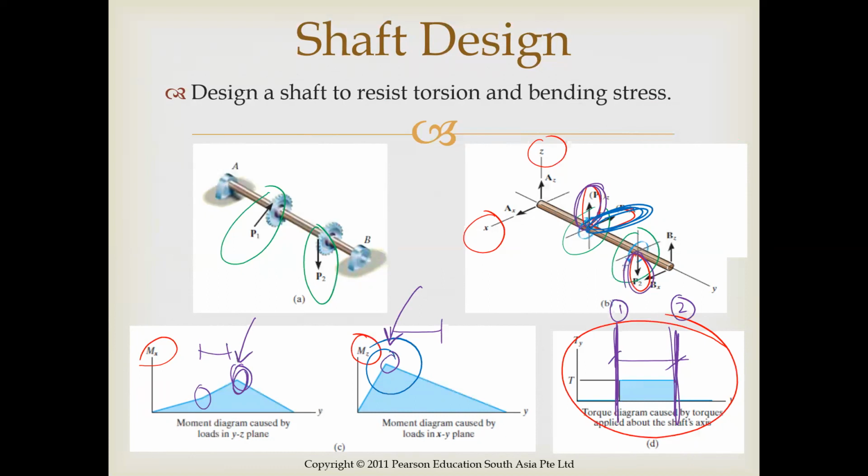But a lot of times in design, money is always one of the factors we're looking at. So being overly conservative doesn't always make the best design. You might need to give some more thought to optimizing and figuring out exactly where your worst case happens.